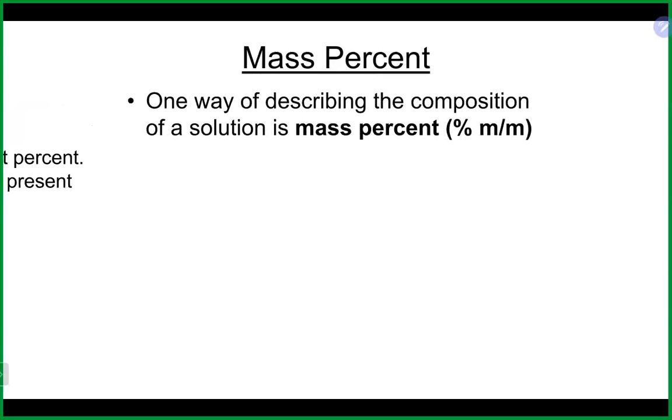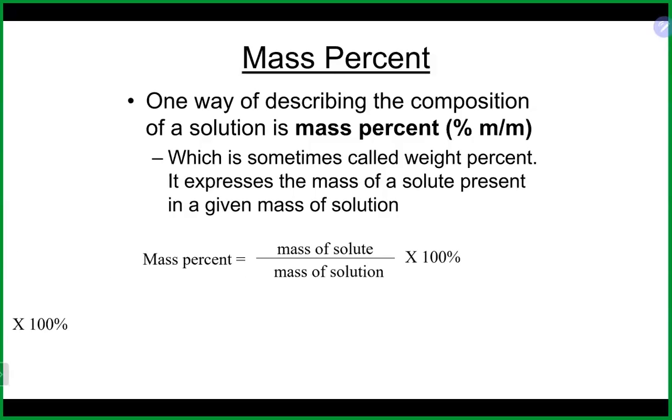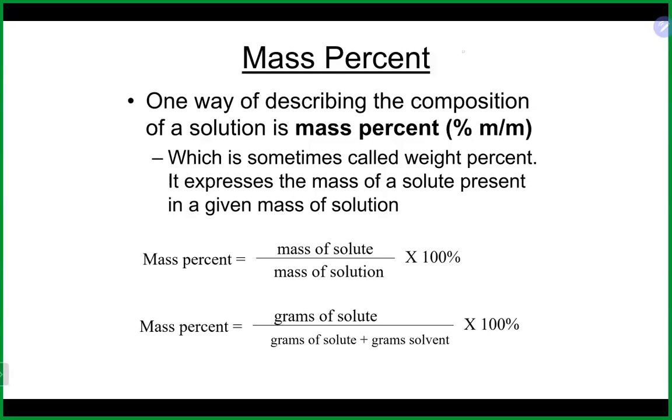The first type of concentration unit for solutions is referred to as mass percent, sometimes abbreviated M/M percent, or mass to mass percent. Some people use W over W, weight over weight, but M over M and W over W are basically the same thing.